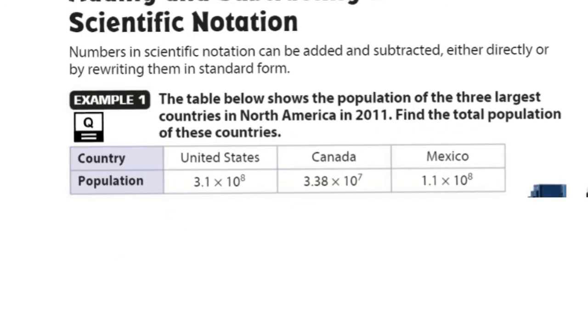Okay, so here's the same problem. But this time, what I want to do is solve the problem by taking each of these numbers in scientific notation and writing them out in standard form. So let's take the United States one.